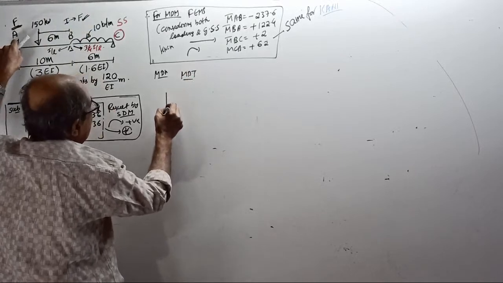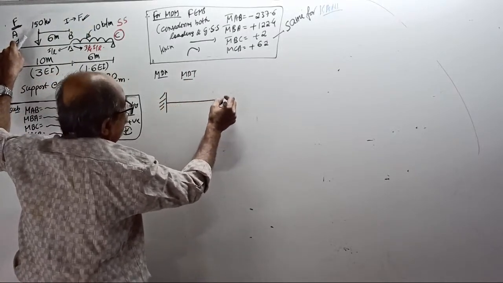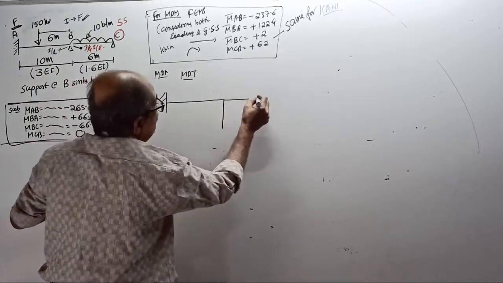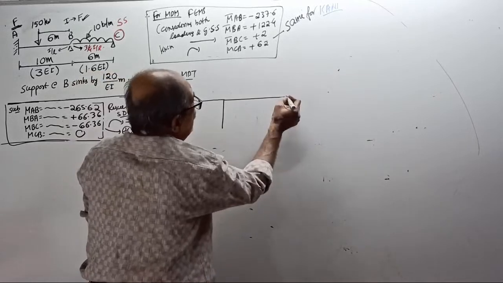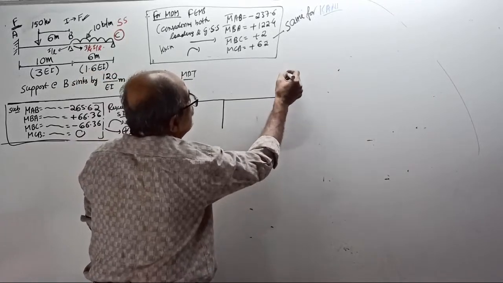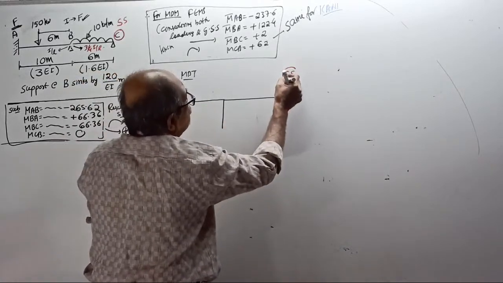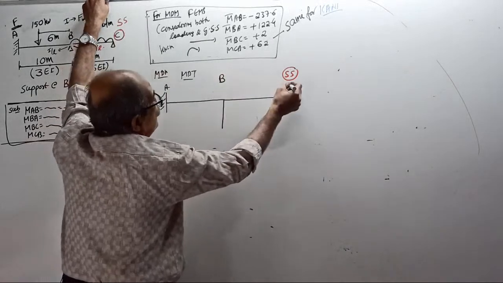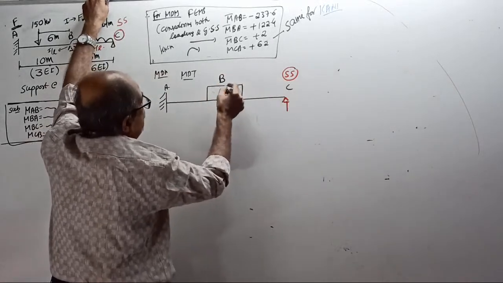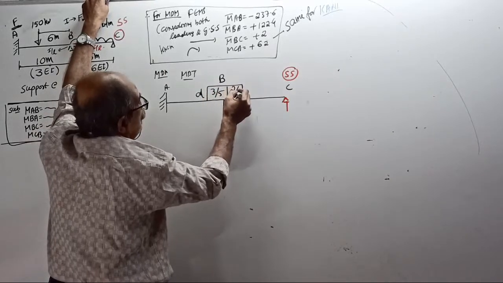A is fixed end. B is intermediate support. C is simple support. Remember, C is simple support, that you should remember. It's a crude method. A, B, C. Enter distribution factor 3 by 5 and 2 by 5.